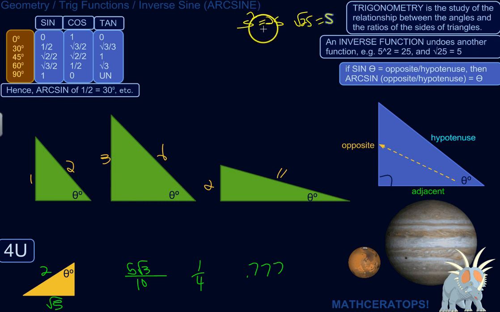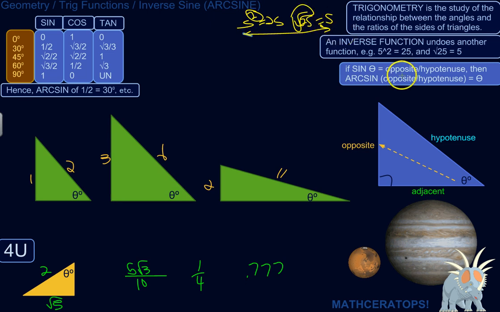So squaring something and square rooting something are inverses of each other. If you take a number and square it, and then take the result and square root it, you get back to where you started, right? You've gone from 5 to 5.